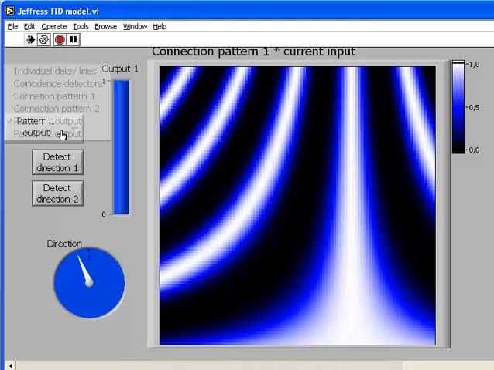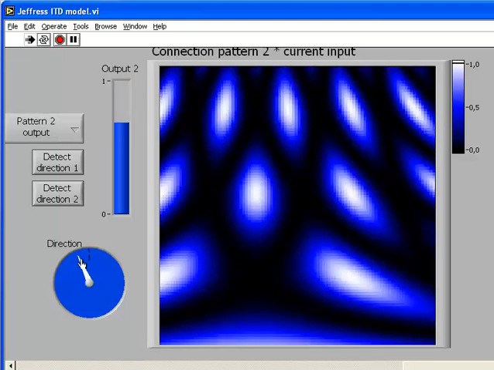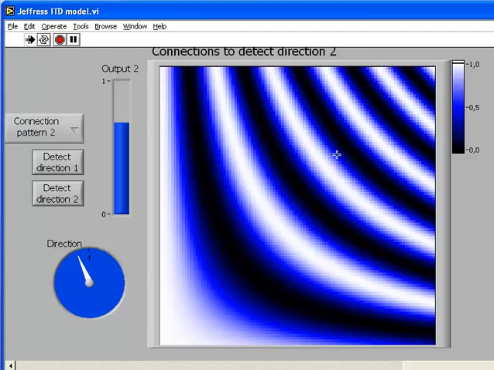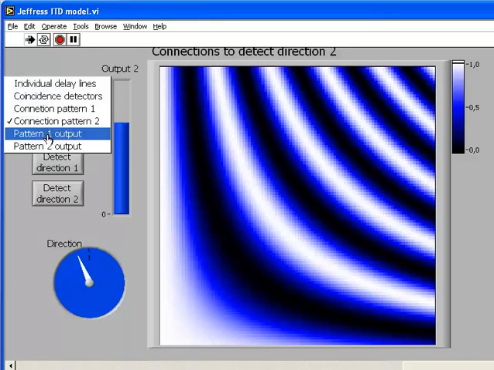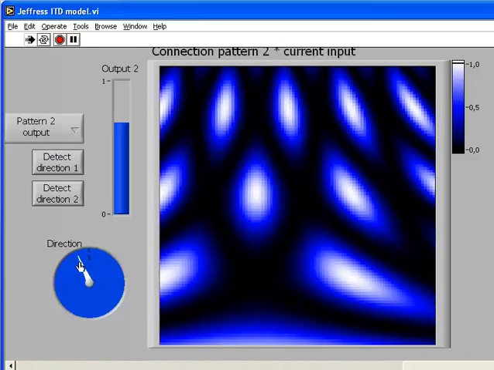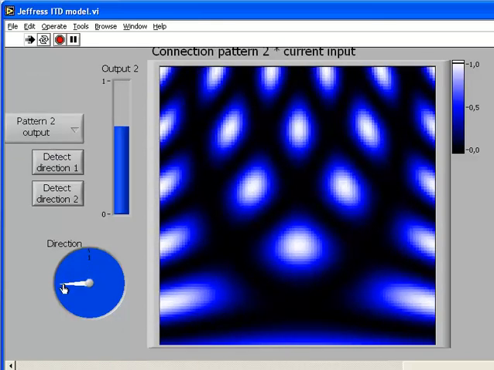If we look at pattern 2 output, that was the pattern which is for a sound all the way from the right, so the pattern has moved all the way to the left. So if I now look at the output, the sound is here, so not a lot going on. I move the sound to here, all the way on the other side.